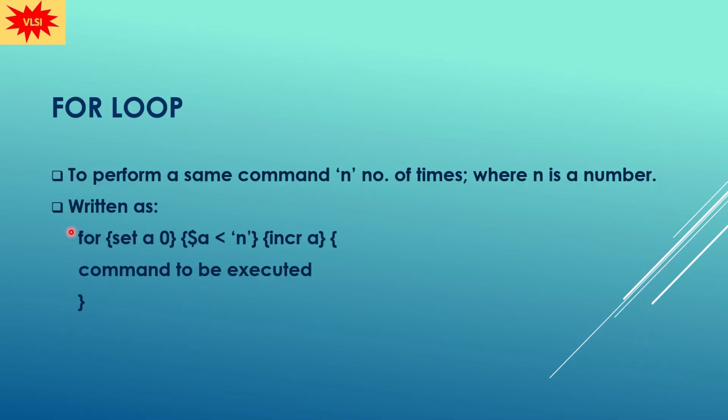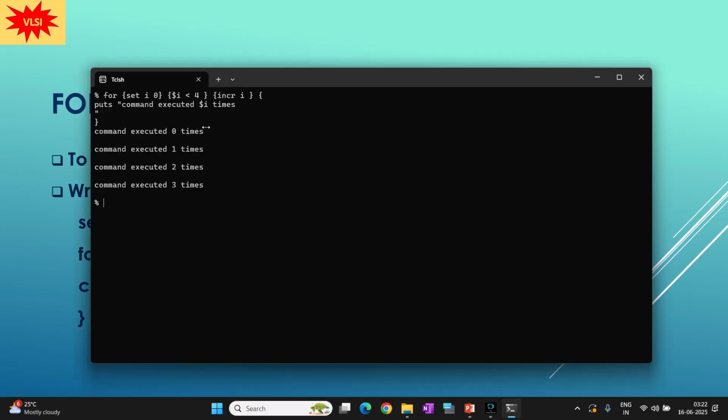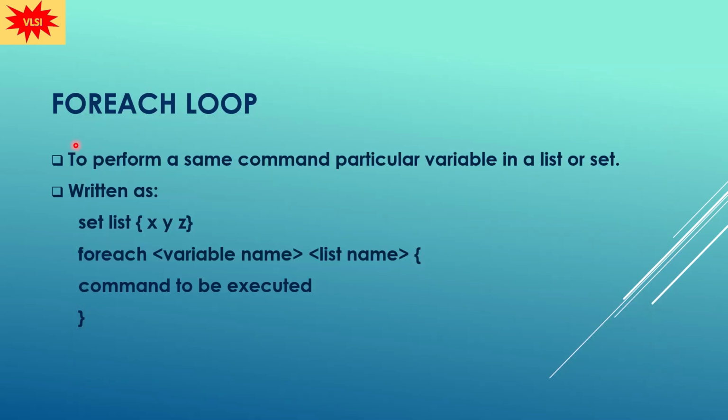Now in a similar fashion, we have a foreach loop. What's the difference between for and foreach? Here, I'm using for and it's simply running this particular command which is present in this body. But with foreach, whenever I have a list, I can perform the same command on each value that is present in that list or in that set.